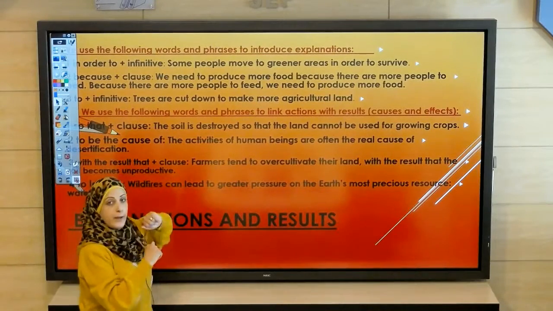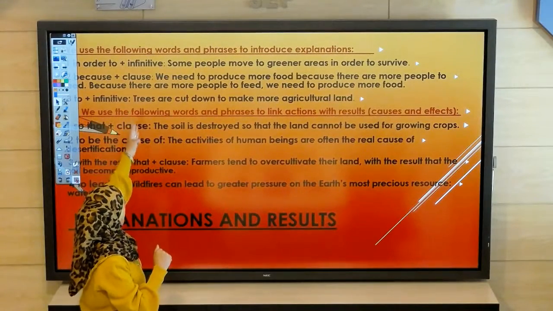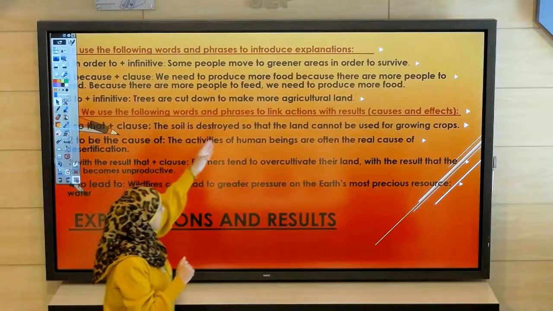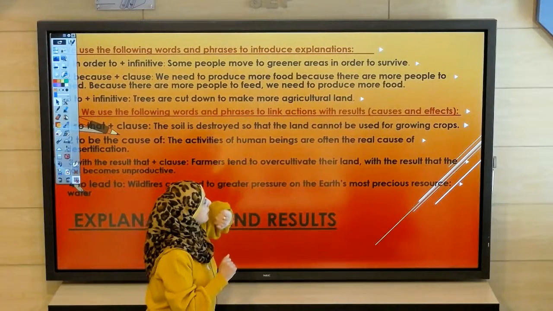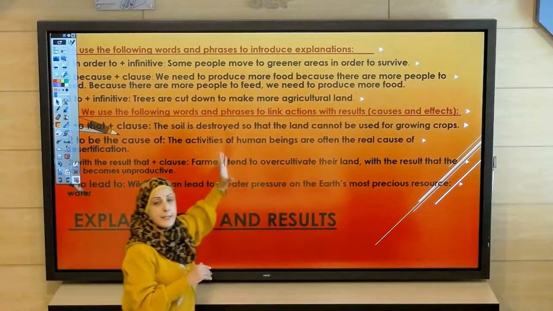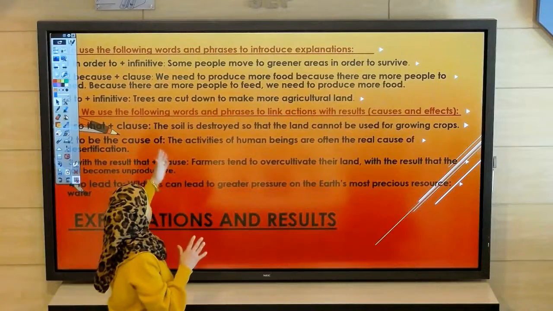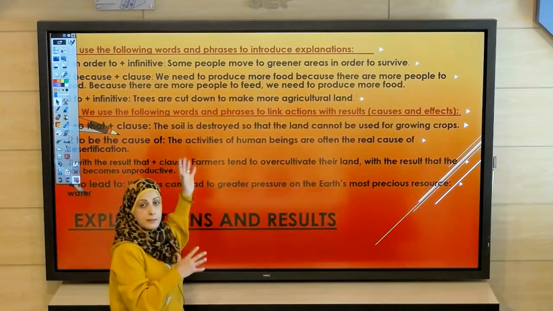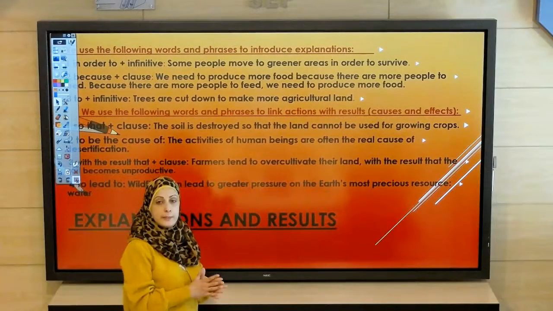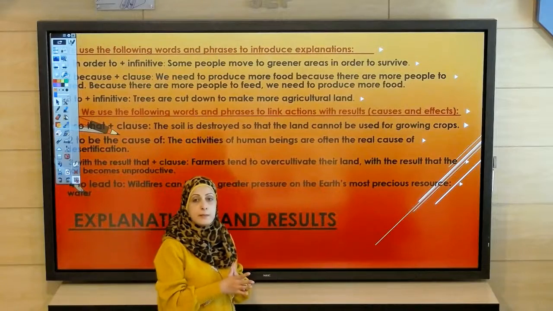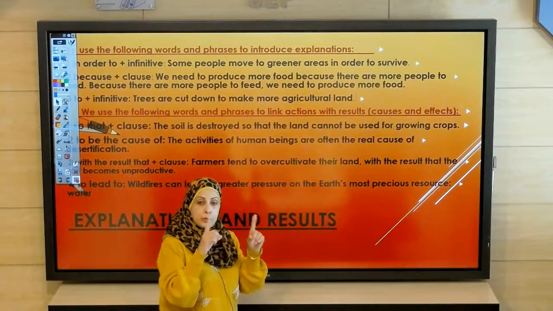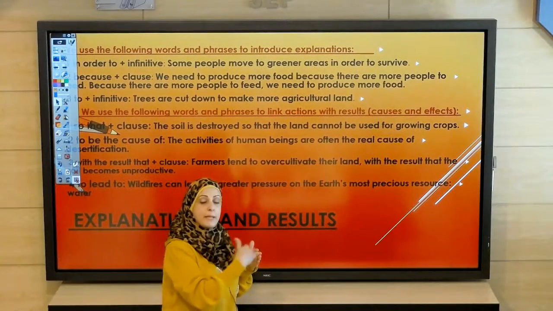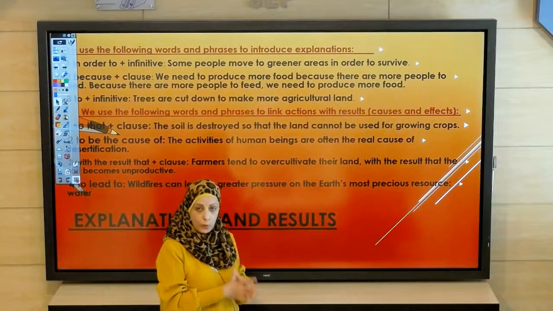In another way, because there are more people to feed, we need to produce more food. And here, how do students study this? Students should study these words to choose between brackets or to complete the sentence with the clause.